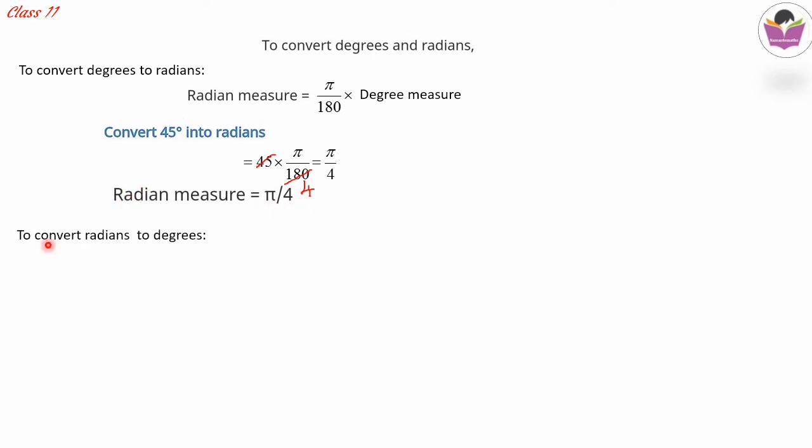Next, to convert radians to degrees, we just change this portion. That means pi by 180 becomes 180 by pi. That's all. So degree measure is equal to 180 by pi into radian measure. If you want to convert to degree measure, then you take the radian measure and multiply with 180 by pi.